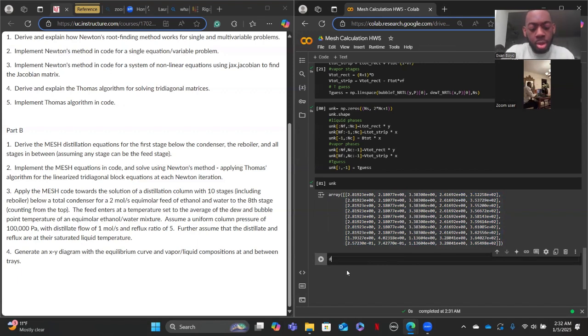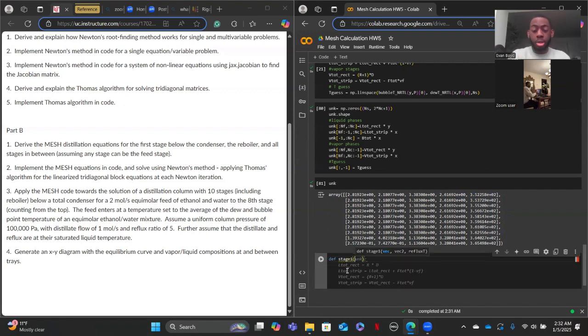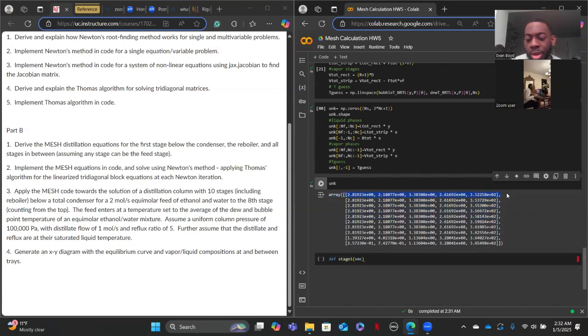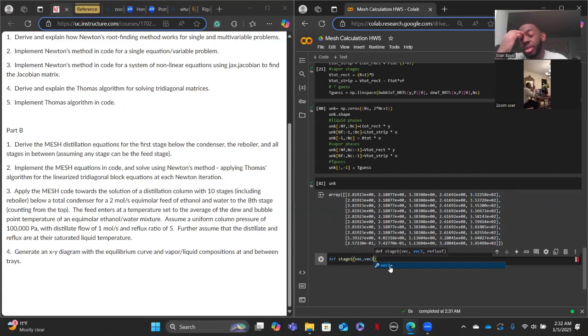We define stage one as our first stage below the condenser. We'll be using vectors representing the columns from our current stage. So the vector of the current stage we're working with, and we'll call it vector 2 for the vector of the stage below that.